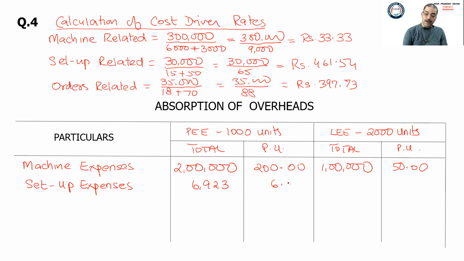Per unit 6.92. 461.54 into 50 is 23,077. Divided by 2,000, 11.54.